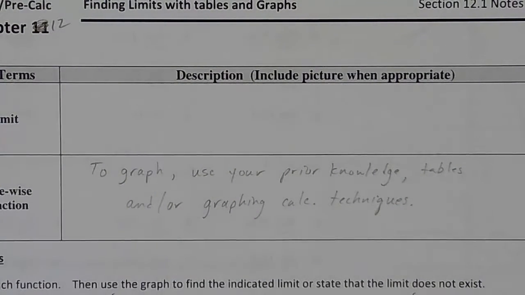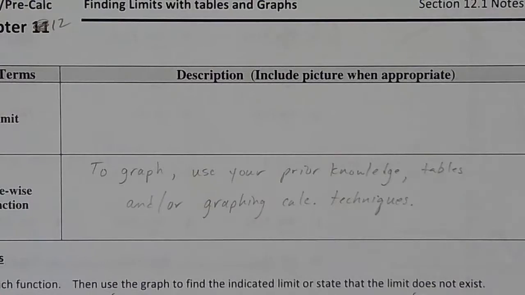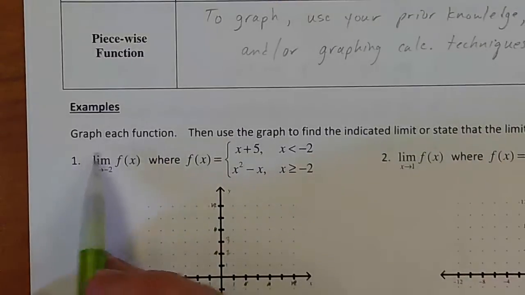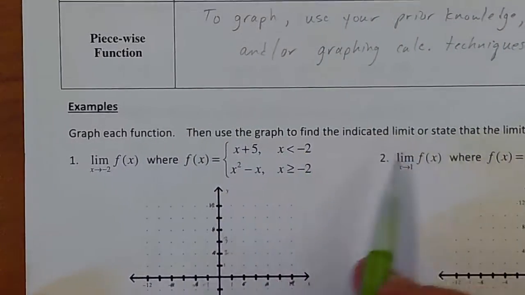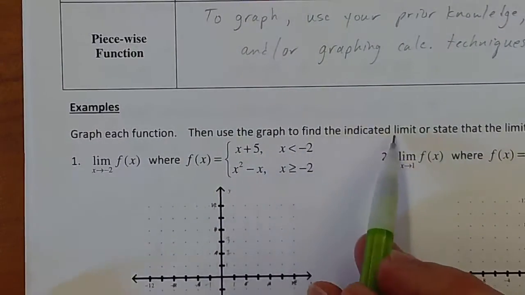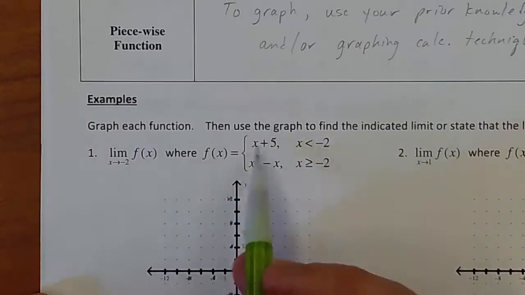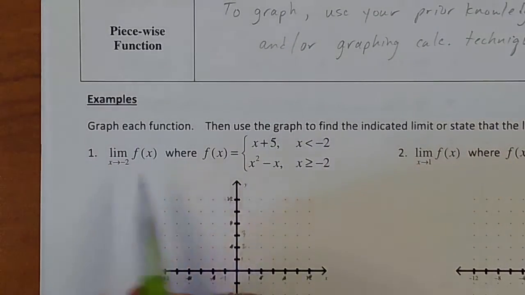All right, so let me demonstrate with number one. I remember piecewise just have domains. So we want to graph the function first, and then once we have the graph in front of us, we'll decide if it has a limit or if it does not exist. But we need to get a good quality graph first, then we'll answer this question about it, okay?